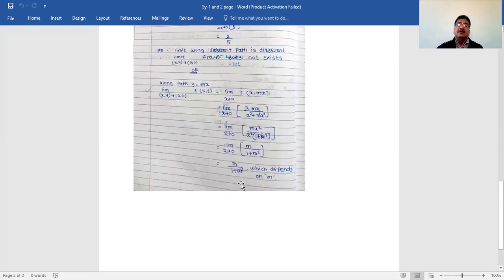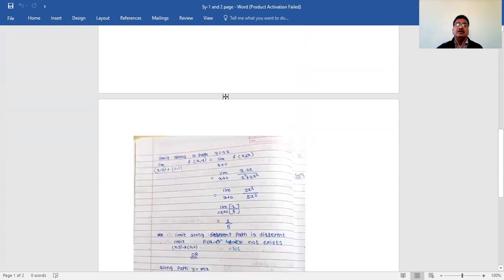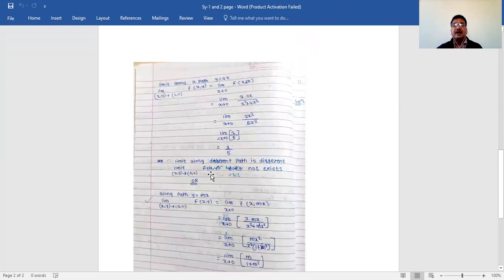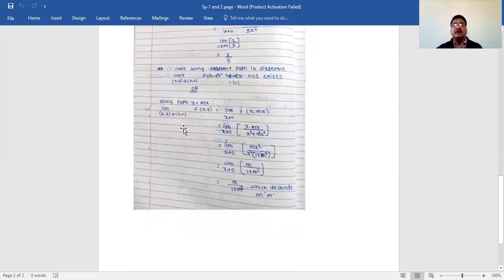And that's why we either use this method, to find two separate paths along which the limits are different, or we use the other method, that is, find the limit along a path that includes m. This is not a fixed path. For another example, we can use y equals mx square or x equals my.